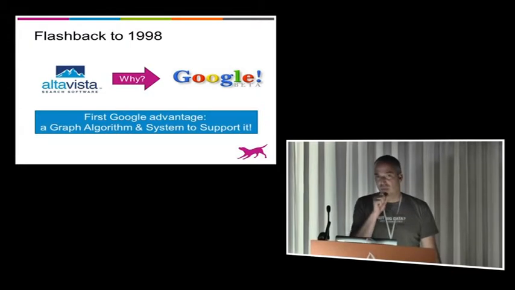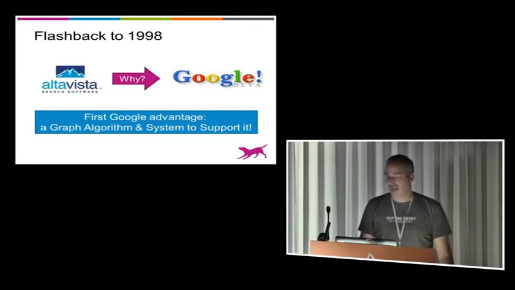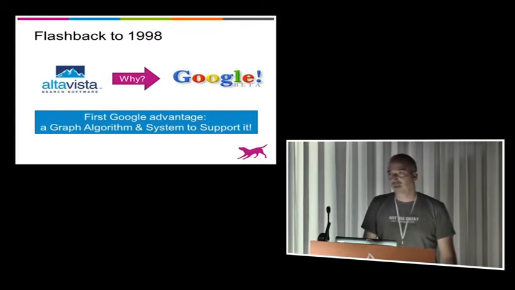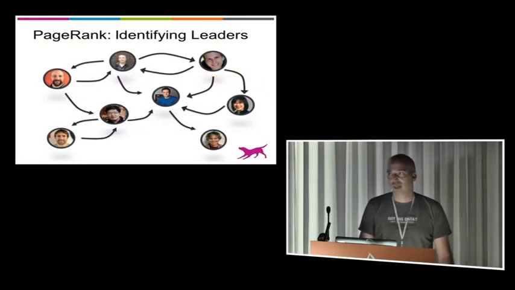Previously the results were more hand-labeled, and once they made it more scalable and automated, they were very successful. The graph algorithm they used is PageRank. I guess most of you know about it, which is another algorithm that ranks nodes in a network.